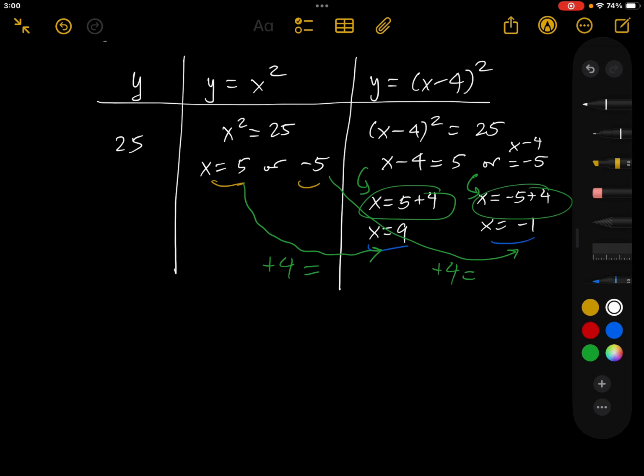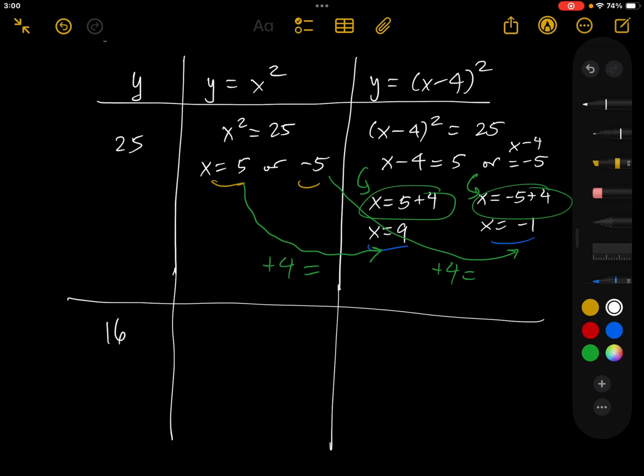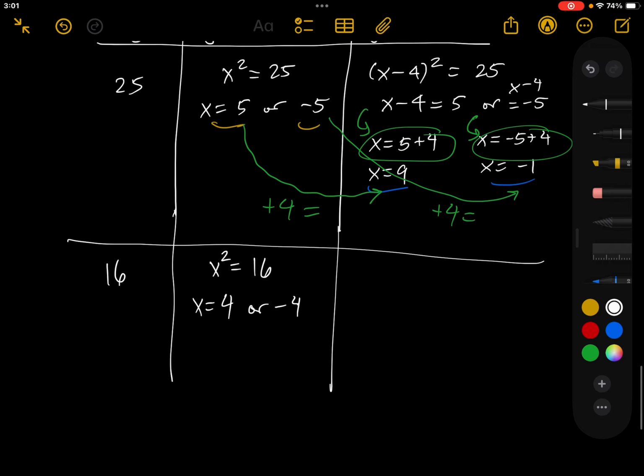Let's do another example just to make sure we understand. So for instance, if y is equal to 16, what are the possibilities of x? Well, if it's y equals x squared, then x squared is 16, then x is either 4 or negative 4. However, if it's x minus 4 in parentheses squared equals 16, then x minus 4 is either 4 or negative 4.